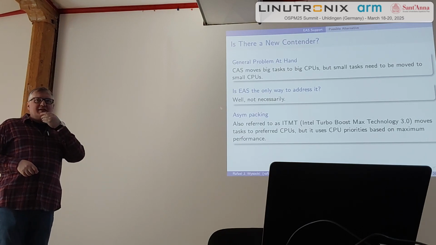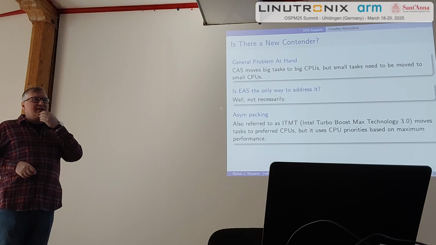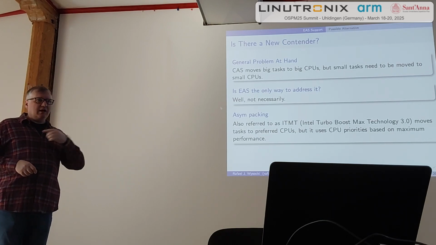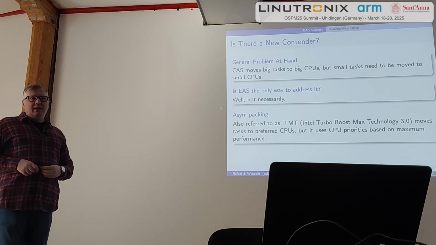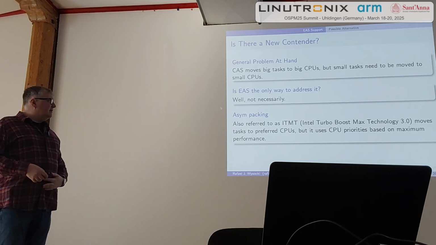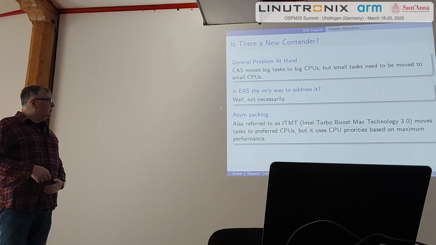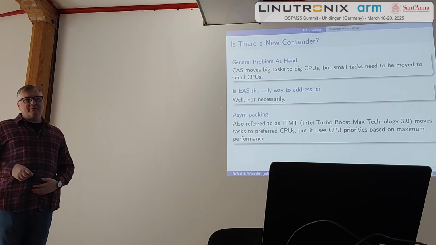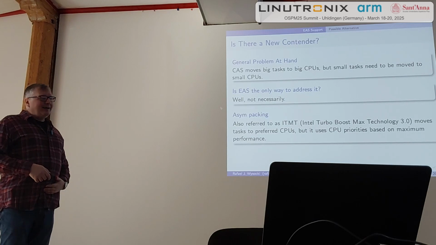You can assign each CPU a priority, and then it will pull tasks from low priority CPUs to high priority CPUs. Nowadays, this is used to implement the feature called ITMT, which I don't really like as a name, because it's a marketing one.